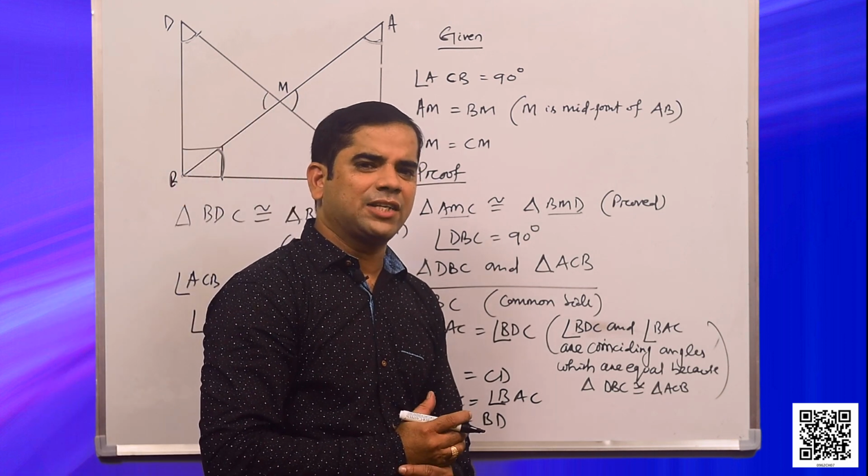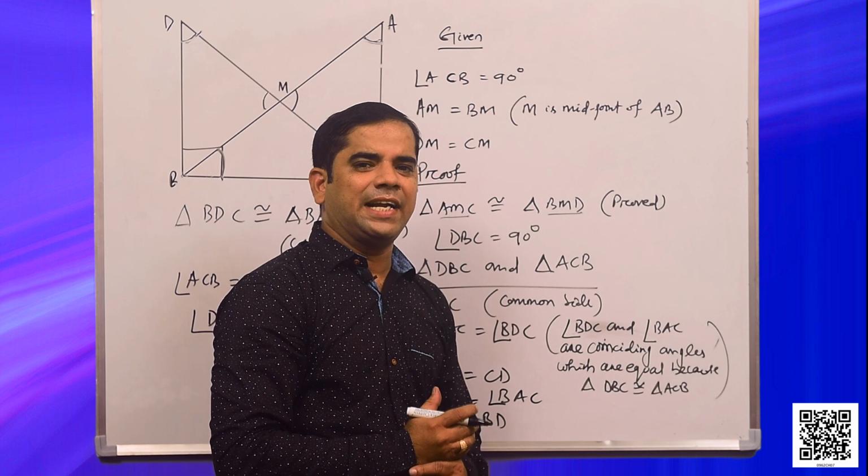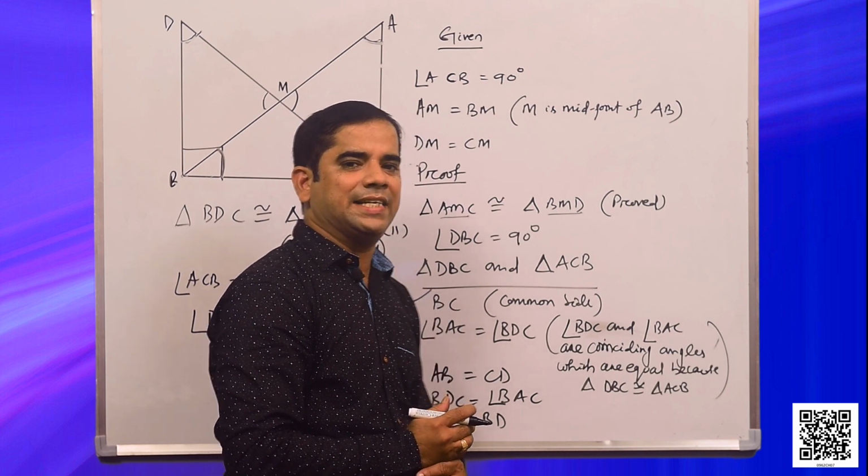So what else? Let us go to the third question, that is, triangle DBC is congruent to triangle ACB.